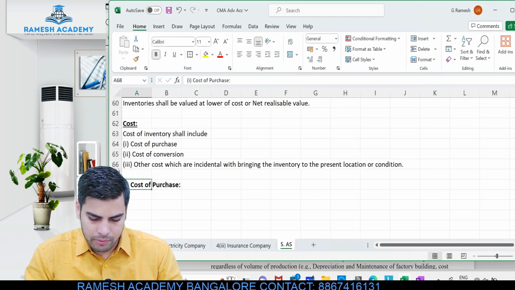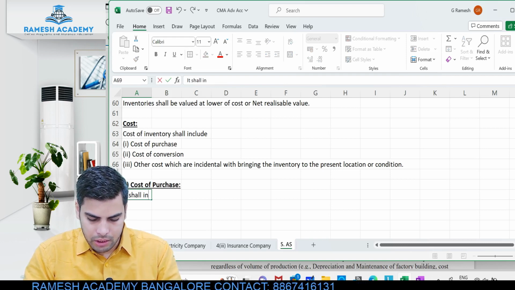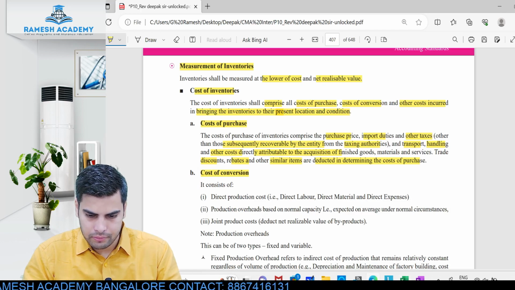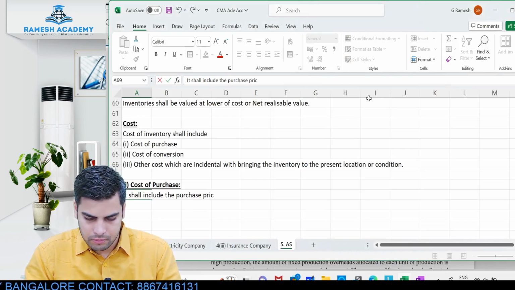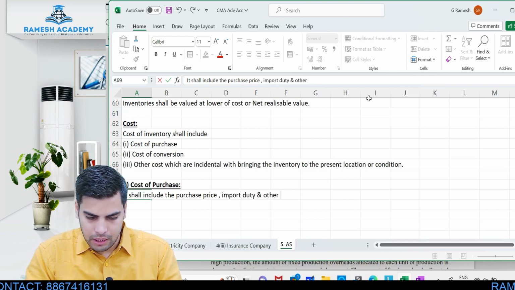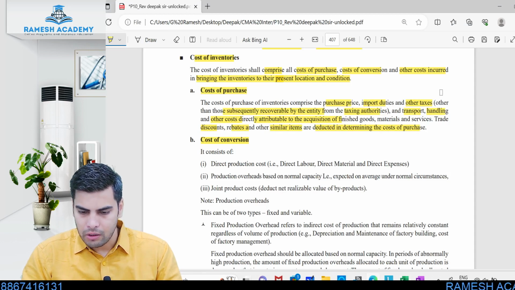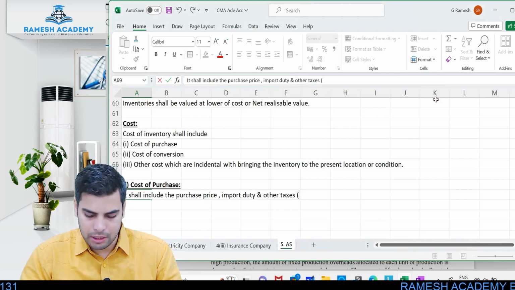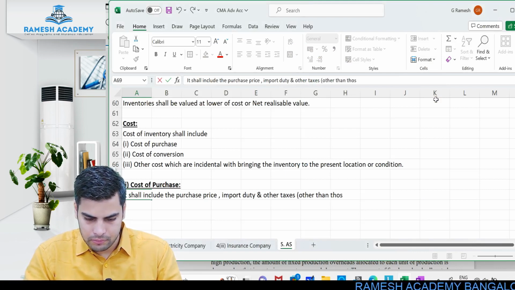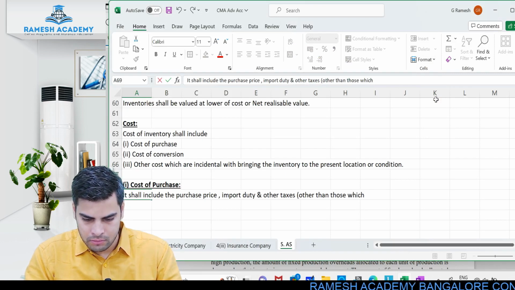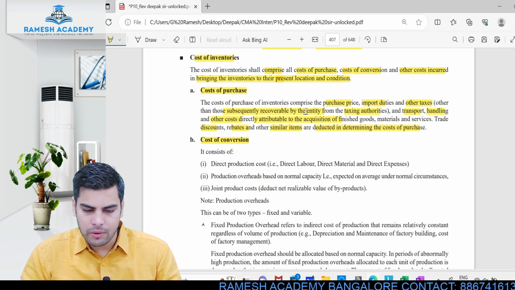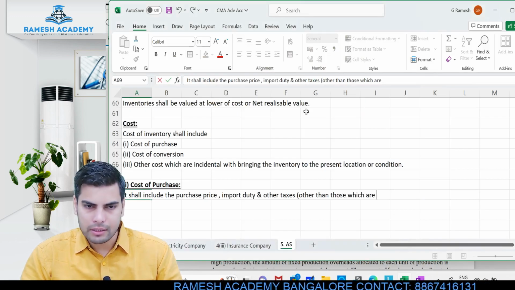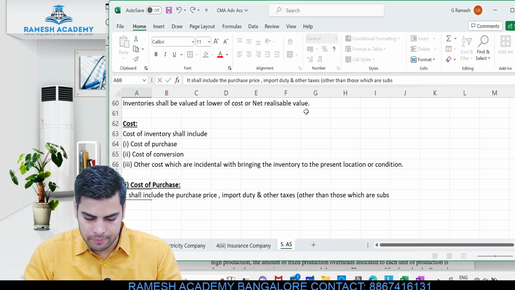When it comes to cost of purchase, it shall include the purchase price, import duty and other taxes, other than those which are subsequently recoverable by the entity from the taxation authorities.